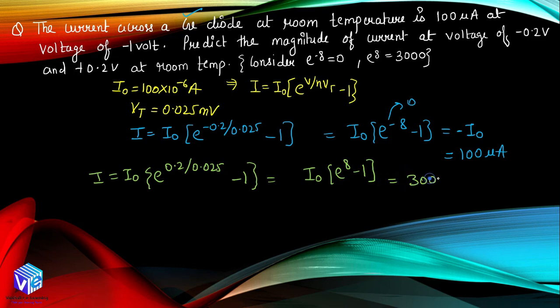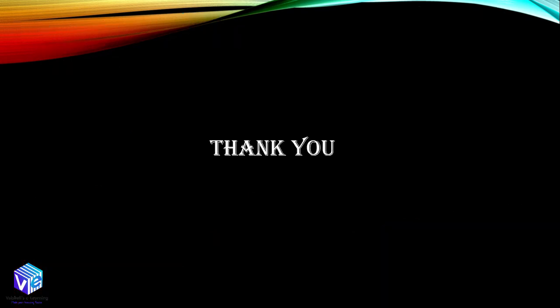So 3000 I naught, right? Or you can represent it as 2999 I naught as well, it is your wish. So we will have 3000 into 100 microampere. You can convert it as well. So we have 0.3 ampere as the current, right?